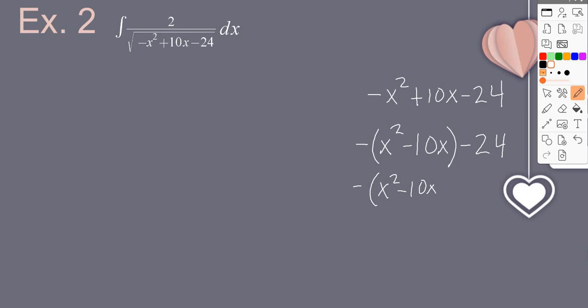Negative 5 squared gives us a positive 25. Okay. Then what's our next step?